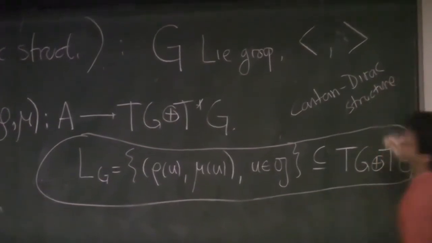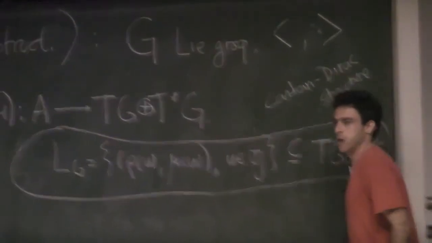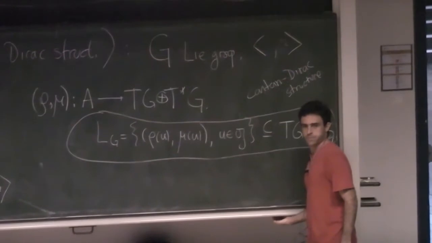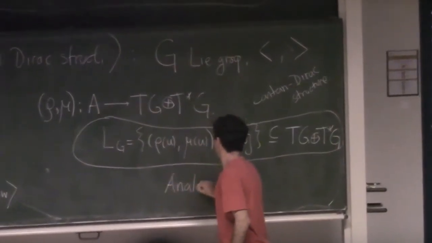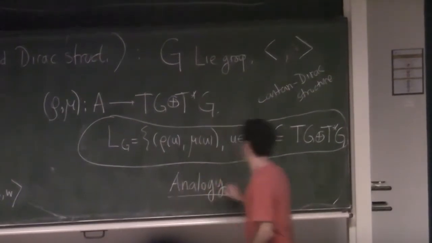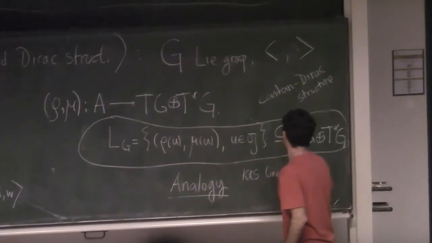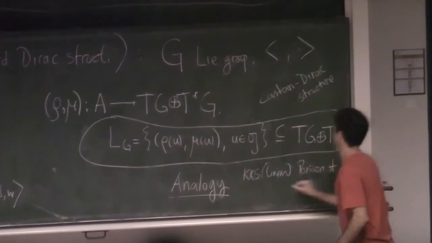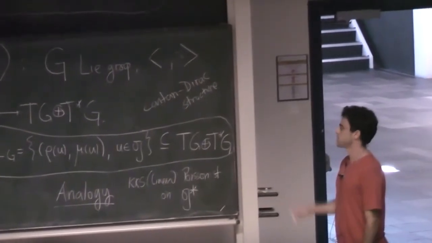I think a nice way to think about this object is really as an analog of the KKS Poisson structure on the dual of the Lie algebra. So something to really have in mind is that this plays the role of, or is some analog of, the KKS linear Poisson structure. In which way are they analogous to each other?